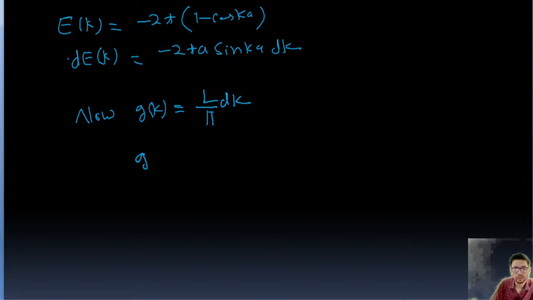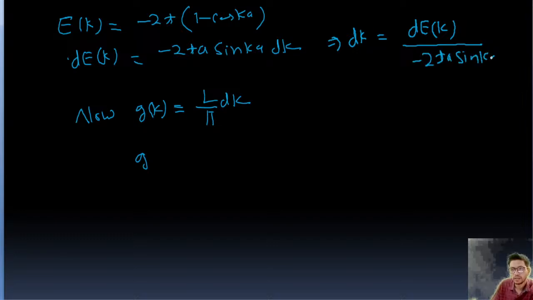From here, the value of dk is going to be dE, which is a function of k, upon 2ta sine k. Right?